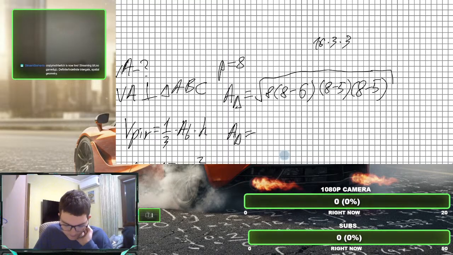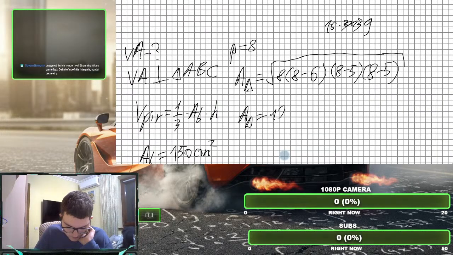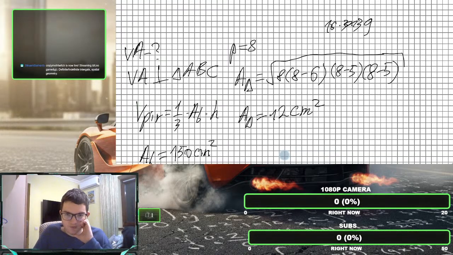Well, that's basically going to be 16 times 9, and its square root, right? So it's going to be 4 times 3, so it should be 12 centimeters squared. That's what I think it should be.